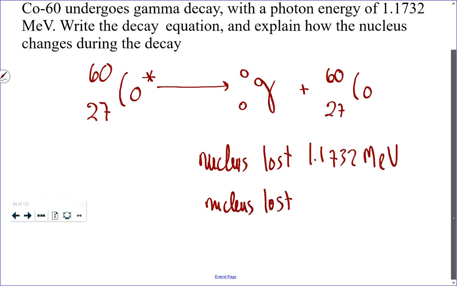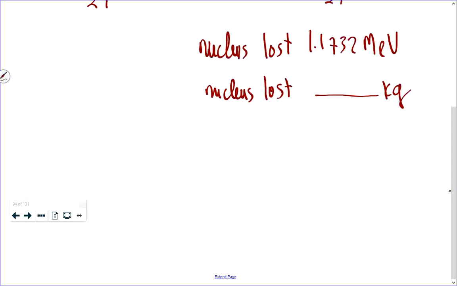lost so many kilograms, right? And I like that you're grabbing your calculator because you can figure out how much that mass is by using E equals mc squared. Since delta E equals delta m c squared, this will be the energy change over the speed of light squared.